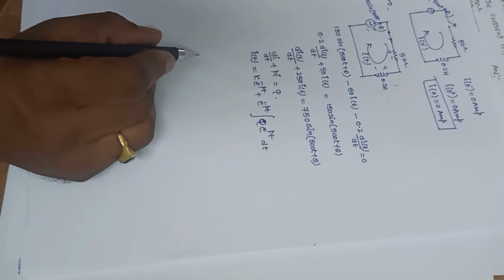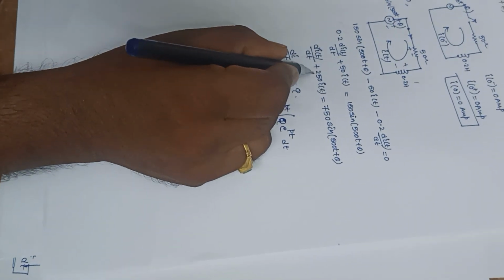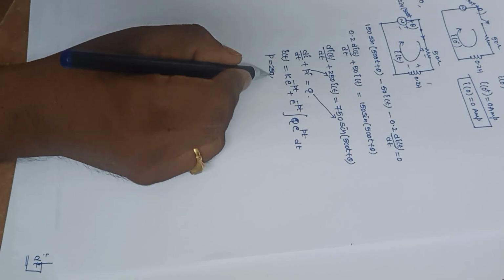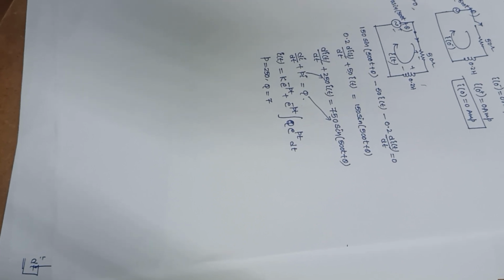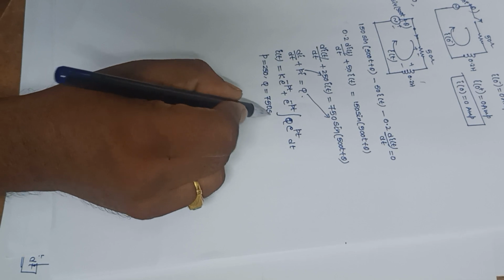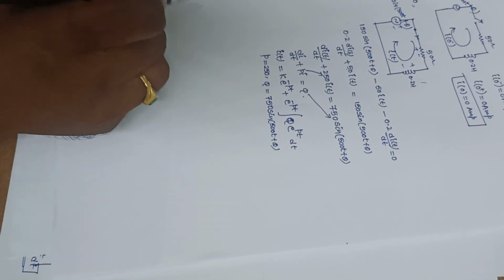So this is the solution. Here the p value is 250 and the q value is 750 into sin(500t plus theta).